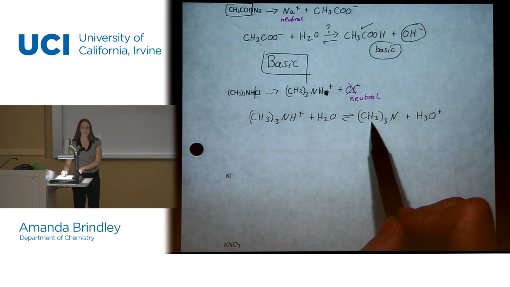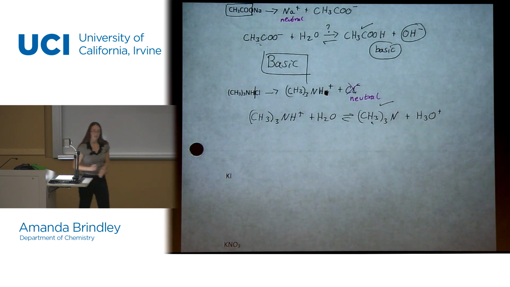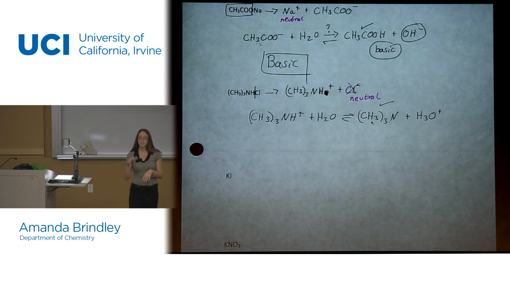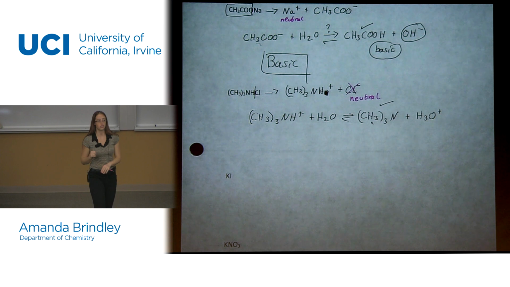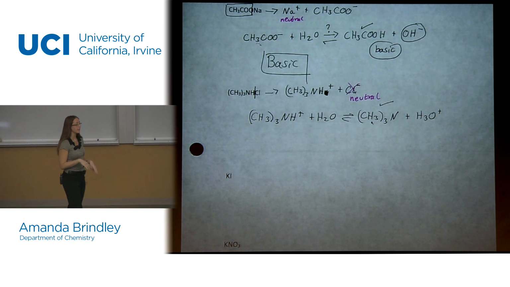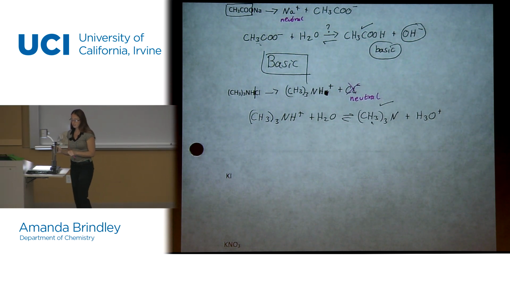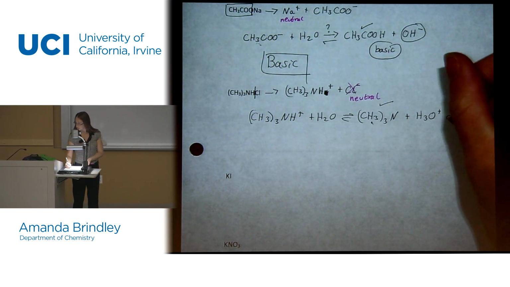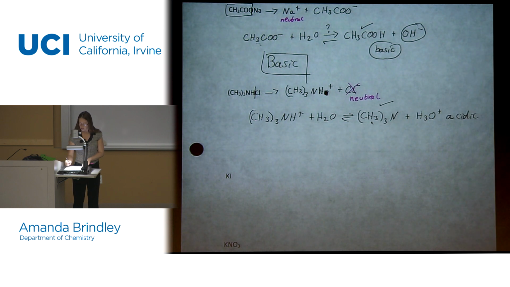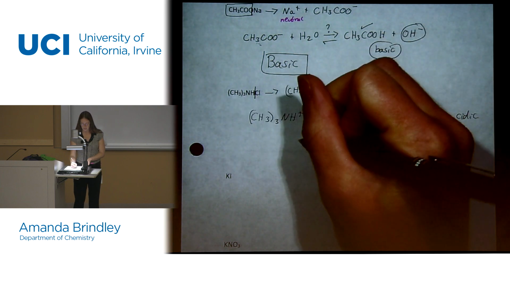Is this strong or weak? It's weak. Remember, our bases are kind of our easier one to know are strong versus weak because they're just that first and second group. Hydroxides are our strongs. Everything else are weak. Okay, so that one's all right. We know this will happen. So now, is this acidic, basic, or neutral? So we have neutral and we have acidic, so overall it's going to be acidic.